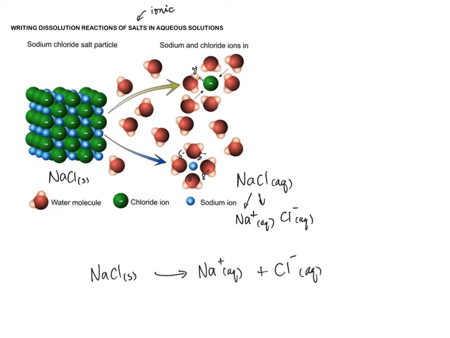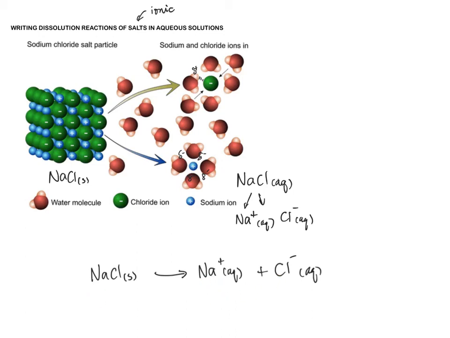And we should be able to match the relative number of the cation and the anion based on the formula of the salt. So in this particular case, sodium chloride is composed of one sodium and one chloride. And so when it dissociates into solution, for every one formula unit of sodium chloride, you're going to have one sodium and one chloride in the solution.